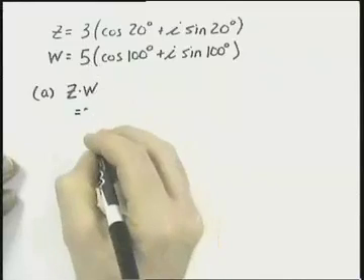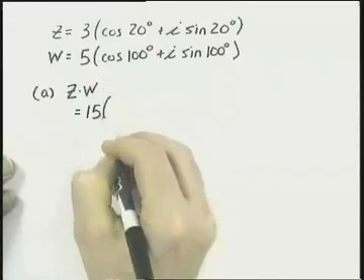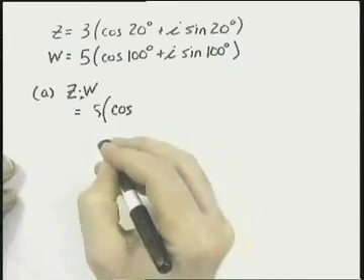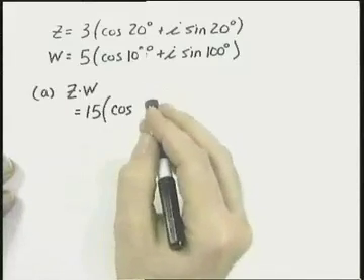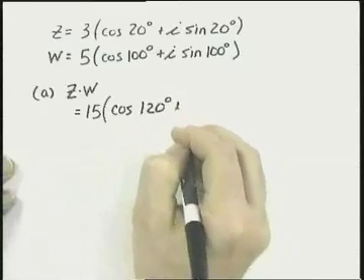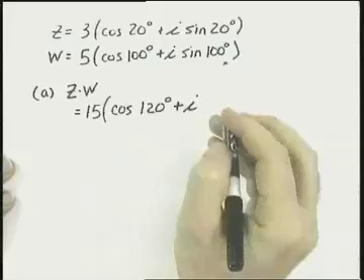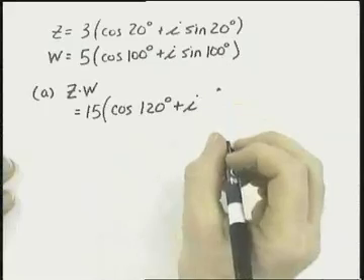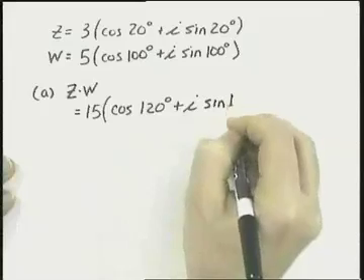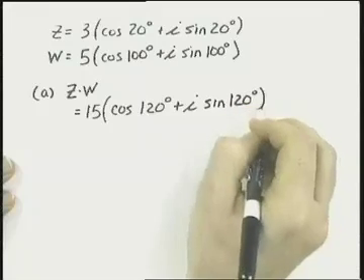So 3 times 5 is 15, and that's going to be times the cosine of, when you multiply, you add the arguments, so 20 degrees plus 100 degrees is 120 degrees, plus I times the sine of 20 degrees plus 100 degrees, which is the sine of 120 degrees.